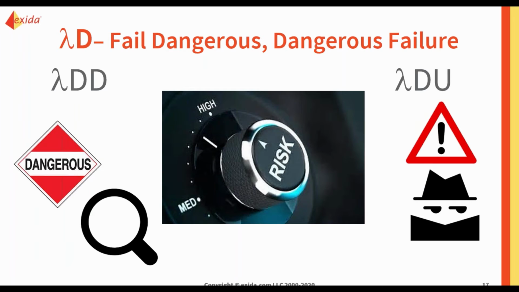Those DUs, those dangerous undetected failures. Those are the ones we hear about. Those are the ones that we stay up at night worrying about. Those are the failures that we don't know are lying, waiting in the shadows for us to just pounce our safety systems when need be. What does that really mean?